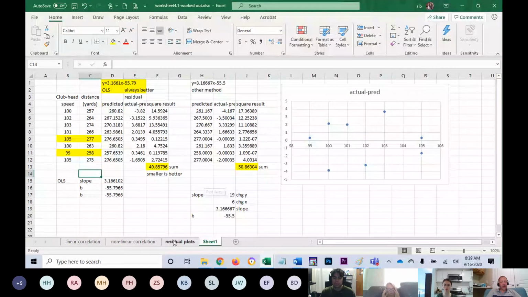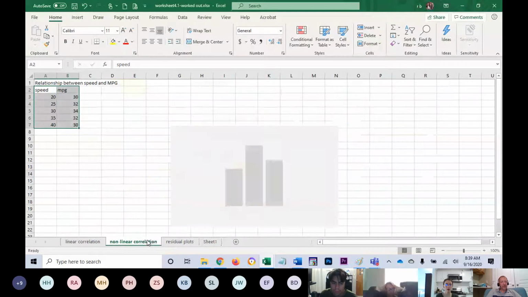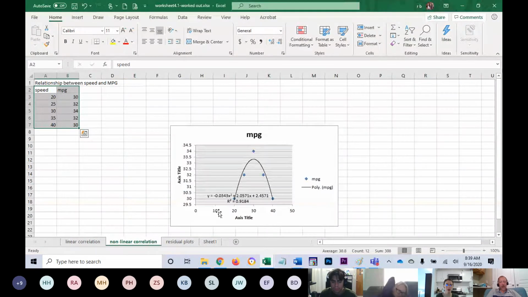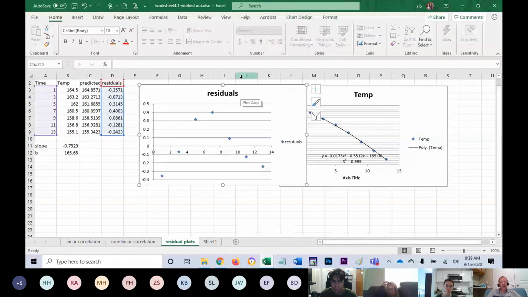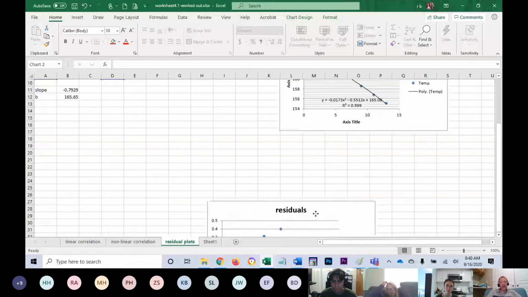so let me go back to another example. Obviously parabola is not a good idea on this one because that's not a straight line. But this is kind of interesting here, okay?